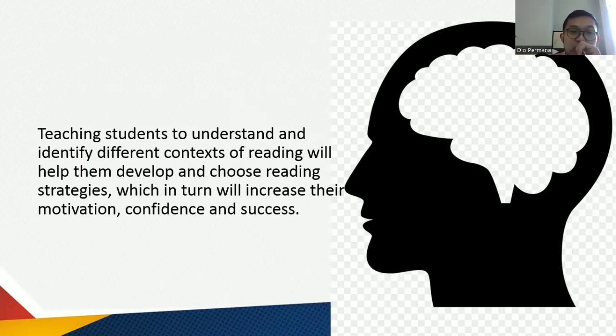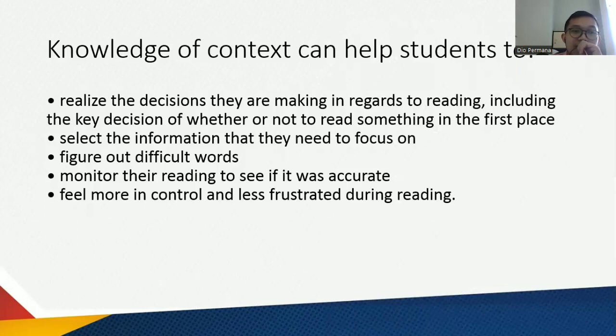Teaching students to identify different contexts of reading will help them develop and choose reading strategies, which in turn will increase their motivation, confidence, and success. Yeah, this is the knowledge that you can get if you apply this strategy, understanding the context.